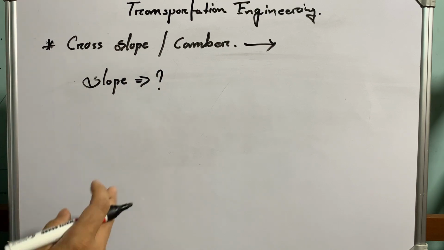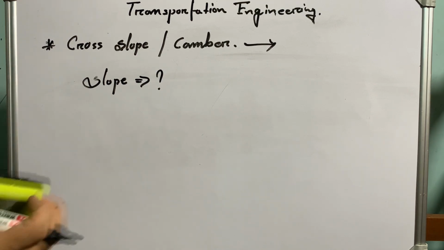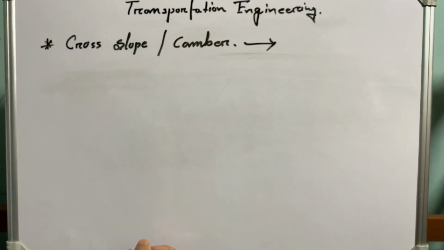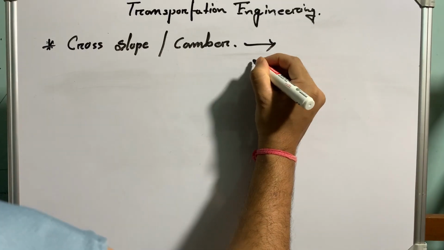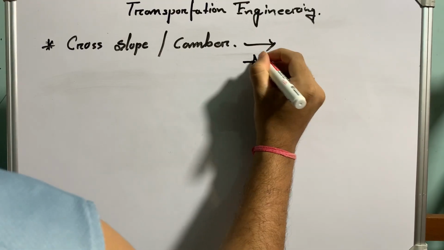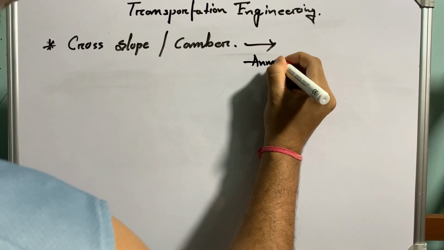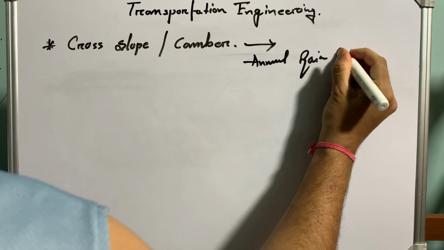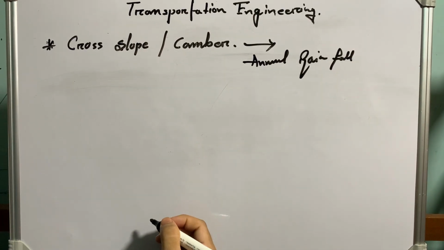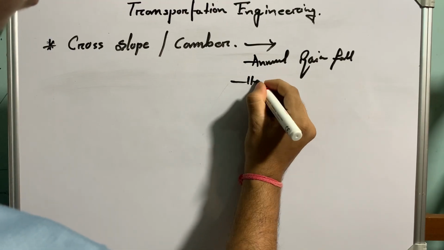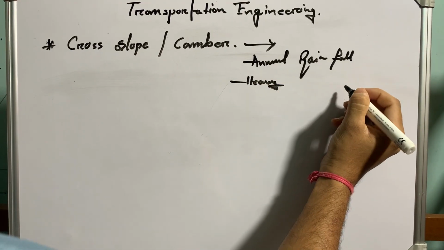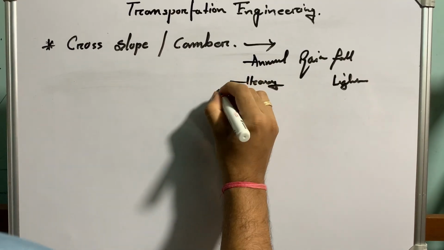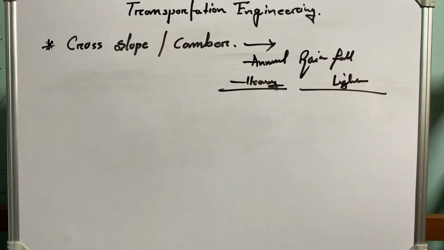So what is the slope? There may be some values for different areas. First of all, we have to know for what purpose camber is used, or what the objectives of camber are. The main objective is to drain out the water from the pavement surface, otherwise the rain water will destroy or damage the road.